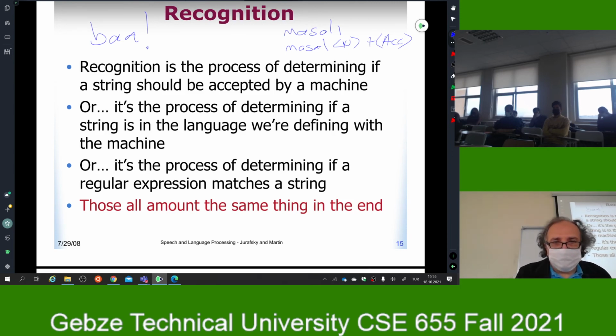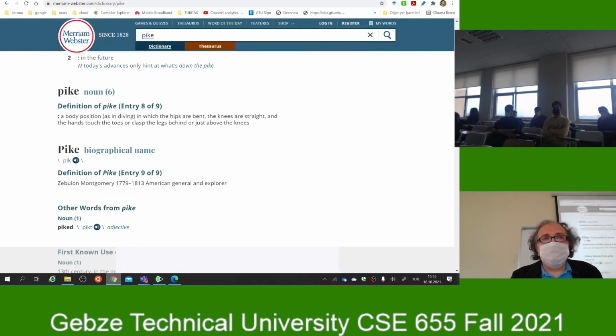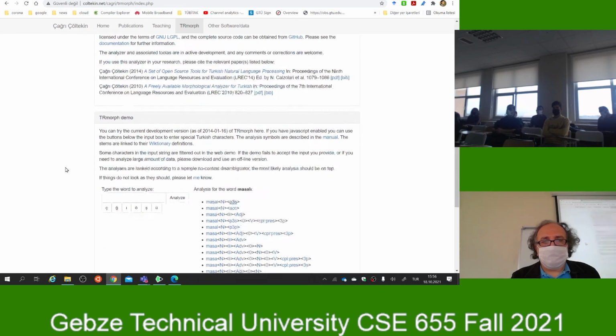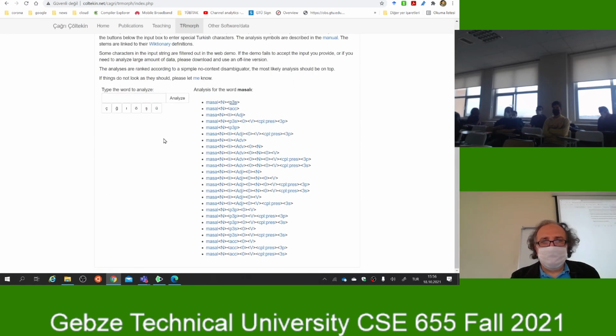In fact, let me show you one. There is one nice, very fast Turkish online word analyzer, TR morph. I think I run this. It doesn't work very well; it just keeps repeating the same thing sometimes.